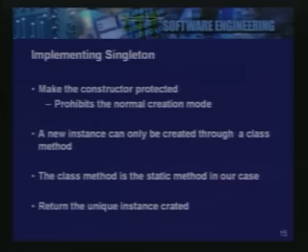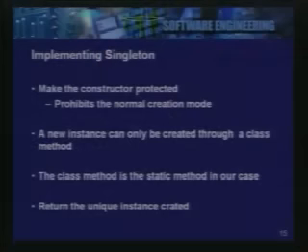So the implementation that we just discussed makes use of the facility of compartmentalization of private and public members, that is hiding your constructor by describing it as a private member.